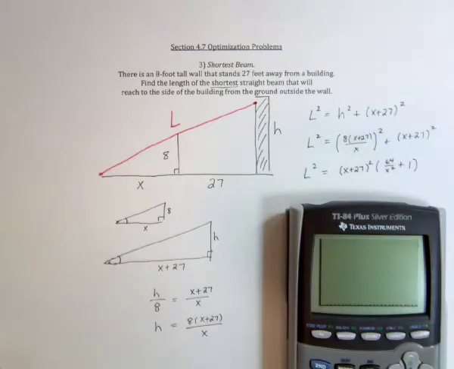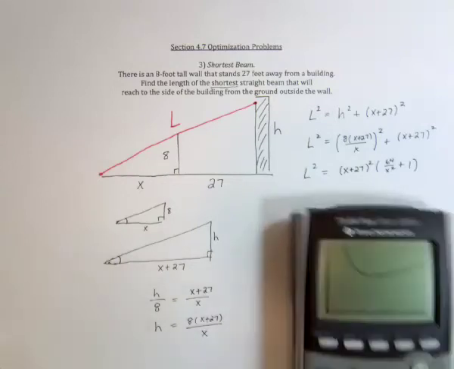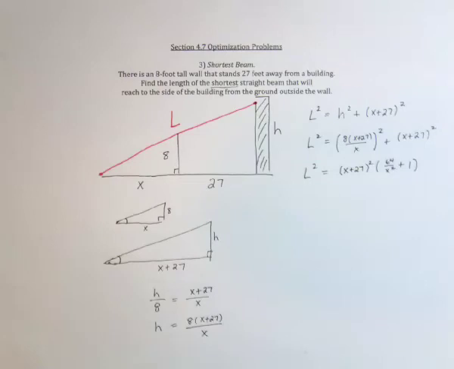Then take a look at the graph. And 2,000 is not enough. So rather than doing guessing and checking, I'm just going to go to trace and see where these numbers for the y value are. They're in the 2200s, so perhaps I should go to 4,000. Sure enough, it does have a minimum, so we should proceed.